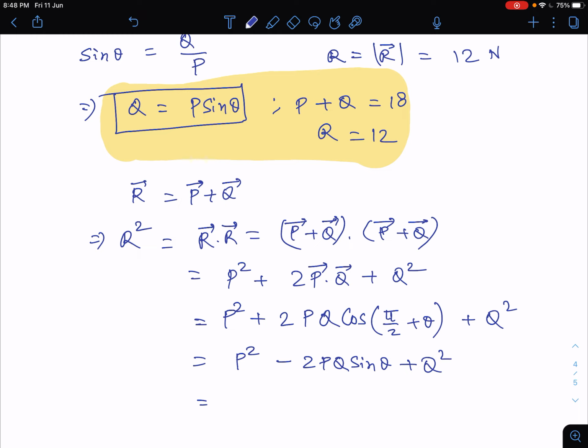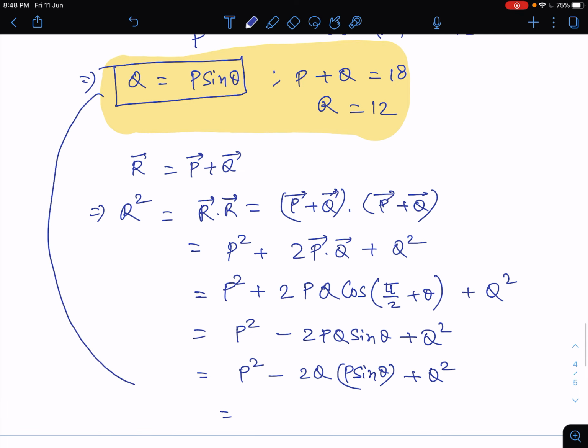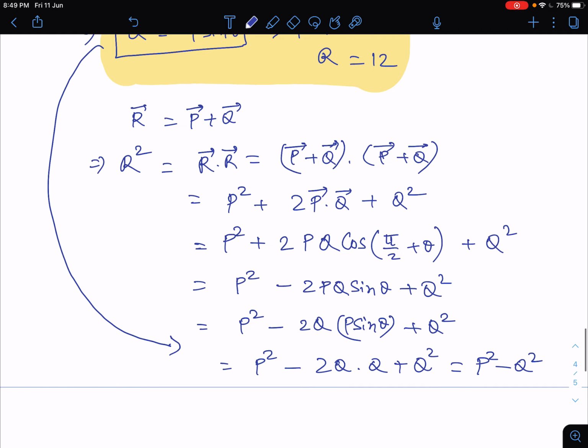Now let's separate that. Let's write 2PQ sin theta as 2Q times P sin theta, plus Q square. And P sin theta is nothing but Q, so that is P square minus 2Q into Q plus Q square, that is P square minus Q square.